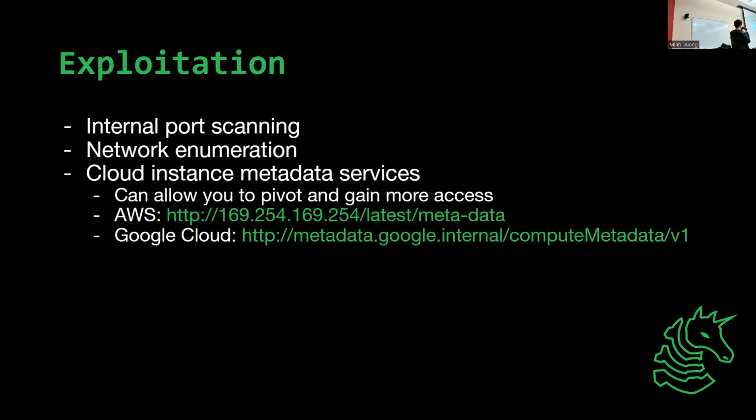So this is a case where SSRF would be the only way, or one of the only ways, to access that data. And then Google Cloud has the same thing. Instead of the 169 IP, they like to use the metadata.google.internal domain, but the IP also works on Google Cloud.